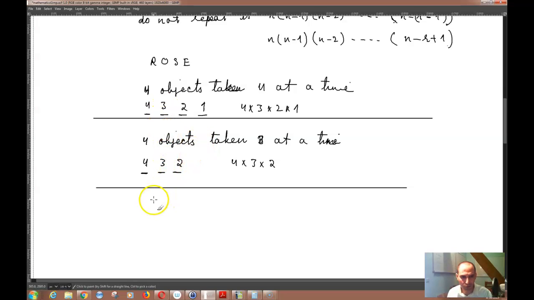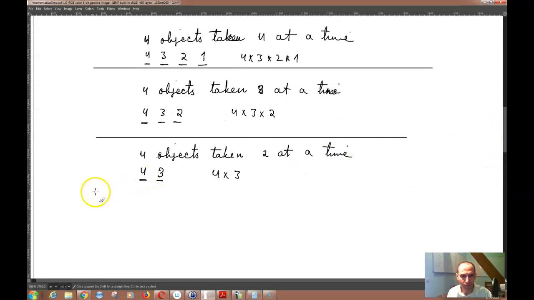Again, if you have the same 4 objects and now using those 4 letters you want to make 2-letter words, then that would be 4 objects taken 2 at a time, which would be 4 ways to fill this placeholder, 3 ways to fill this placeholder, so that would be 4 times 3.